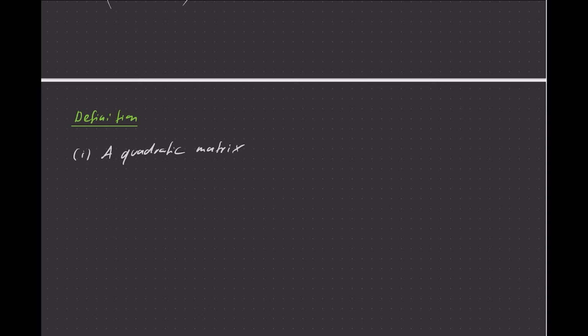So a quadratic matrix, A equals Aij, is called a diagonal matrix, or just diagonal, if the entries Aij are 0 for all i that are not equal to j.